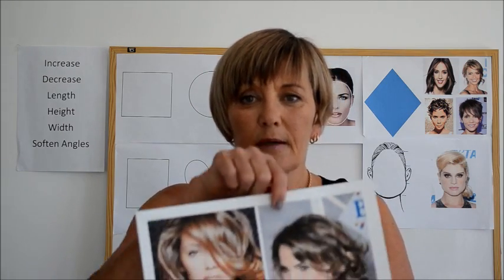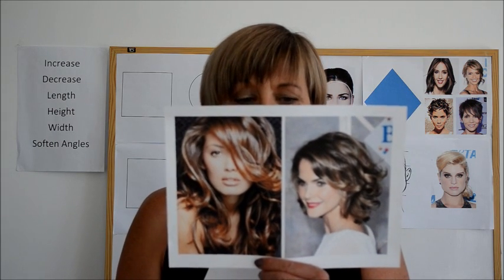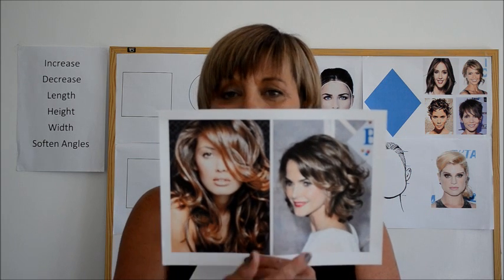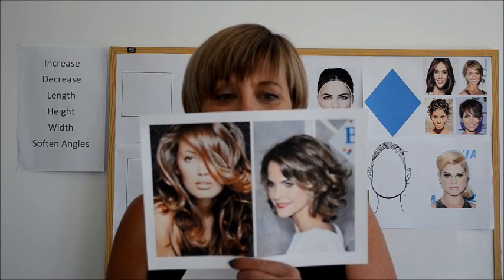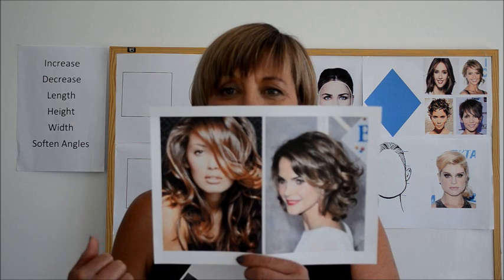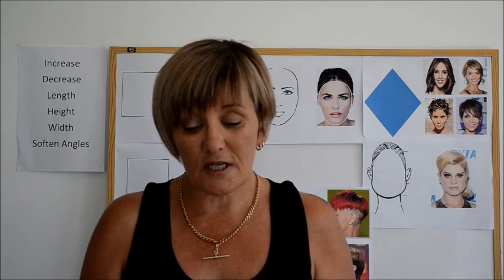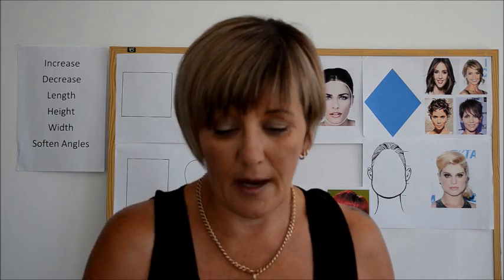In this particular image here, we can use our roller placement and our understanding of wave and movement to create slightly longer and fuller styles that are very difficult to create with a blow-over. Using a roller placement or a wet set is going to give you more longevity as opposed to a blow wave, which is only going to last a short amount of time.